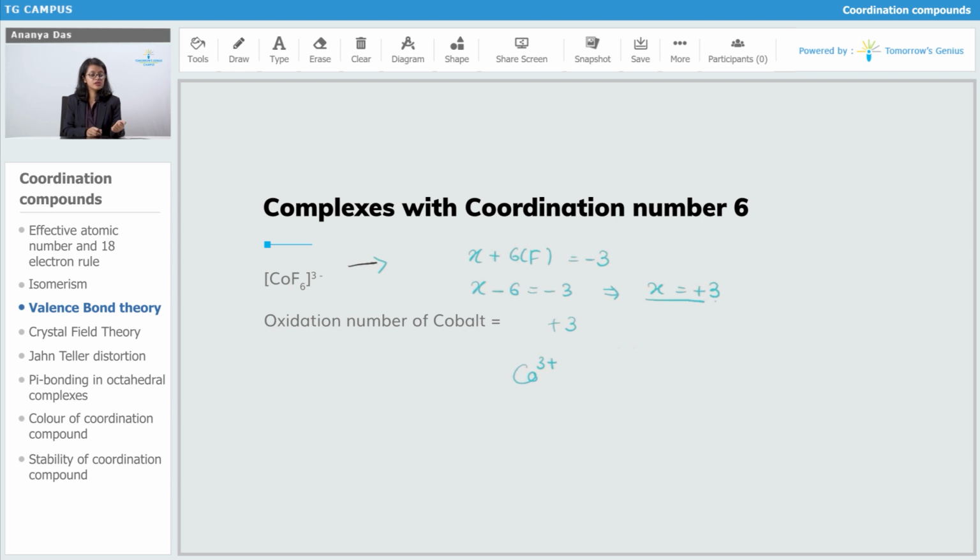In the next step you have to find the electronic configuration of Co3 positive. We know that the electronic configuration of Co3 positive is Ar 3d6.